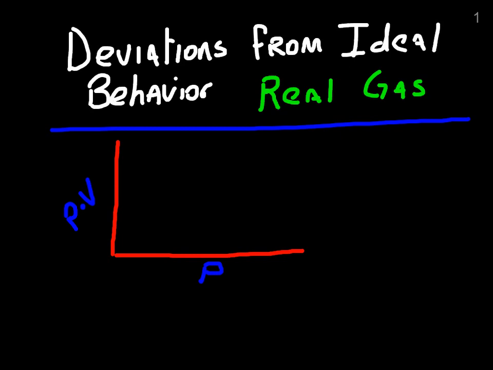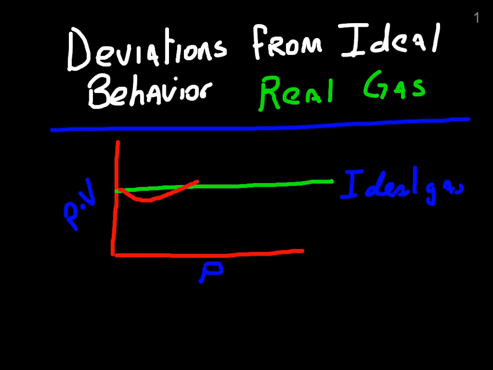If I graphed an ideal gas, it would give me a straight line going straight across like that. What actually happens with real gases is they take a line that looks more like this and goes up like that. So this is how real gases behave.